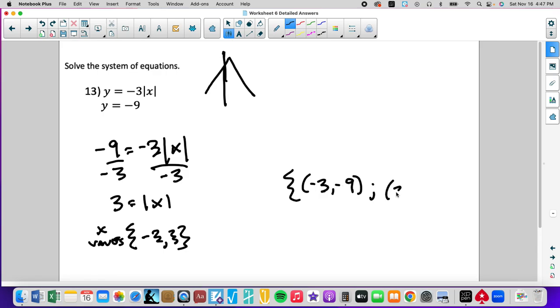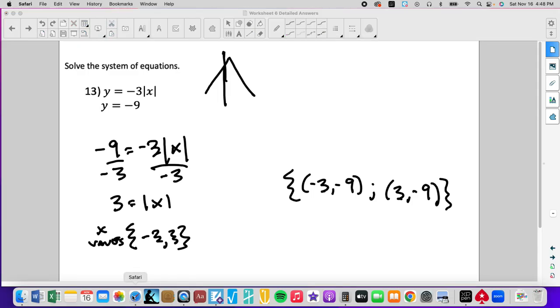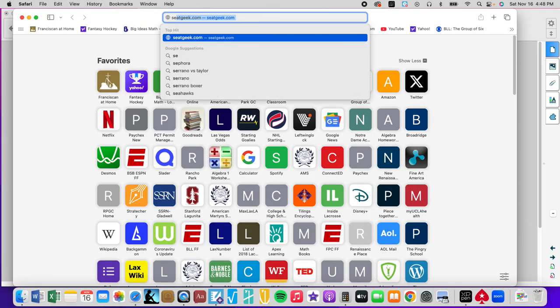And if you plug in 3, you get negative 9. That's 2 points. So let's see what that looks like on Desmos, shall we?